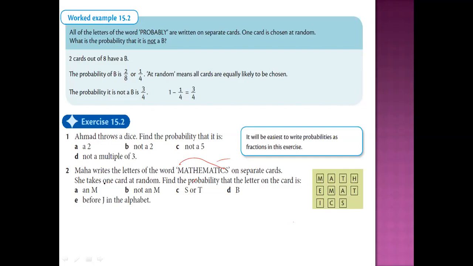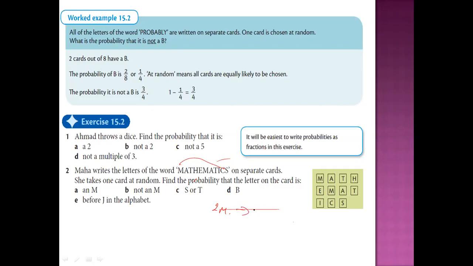So she takes 1 card at random. Find the probability that the letter on the card is an M. So how many M? There we have 2 M's.